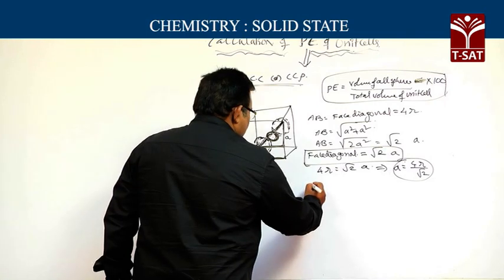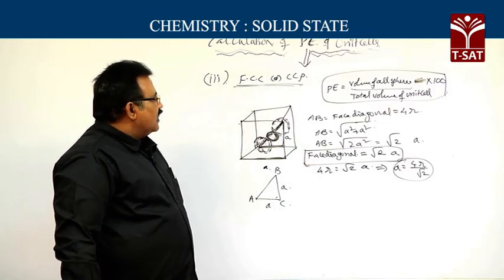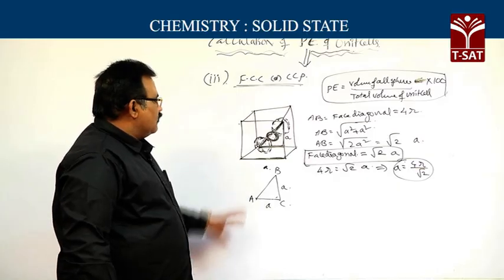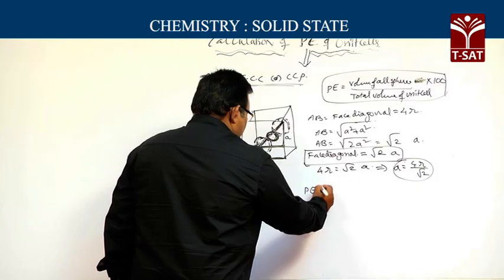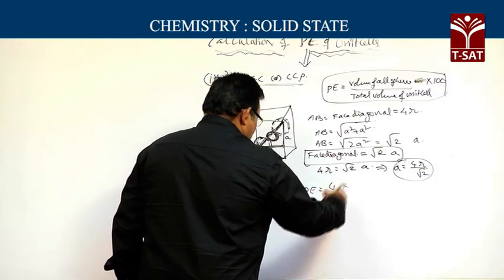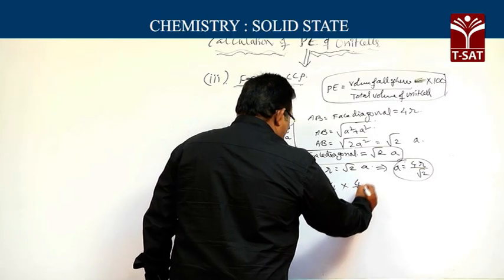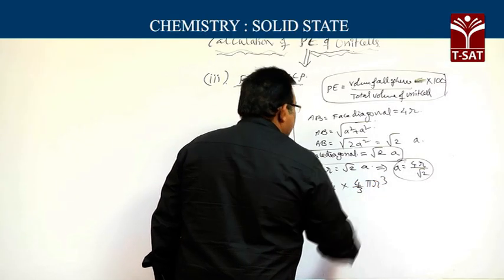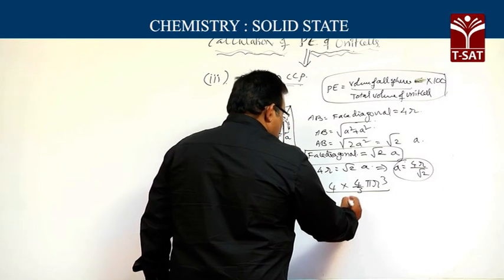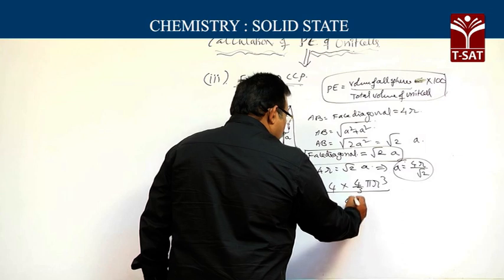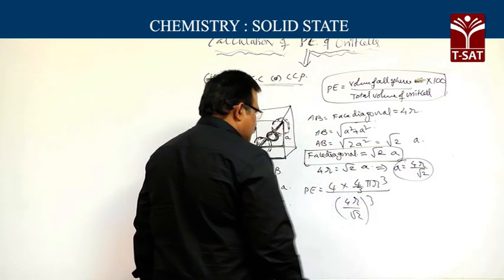Now, in this face centered cubic lattice, effective number of atoms per unit cell are 4. So, packing efficiency is 4 spheres and each sphere volume is 4/3 pi r cube by total volume a cube means 4R by root 2 whole cube.